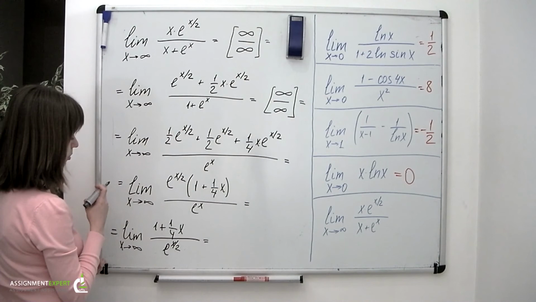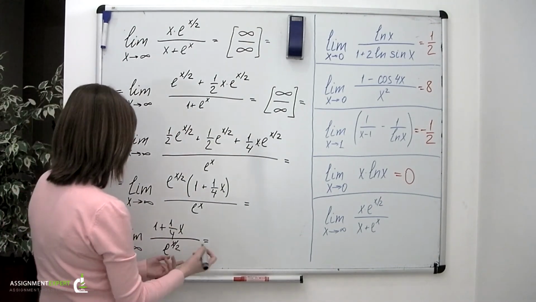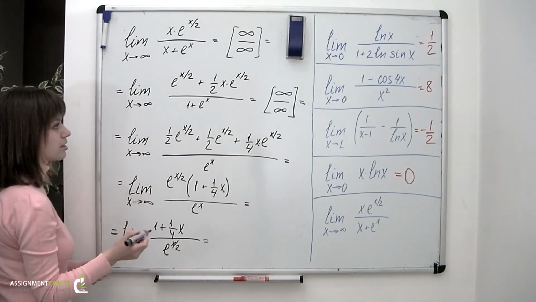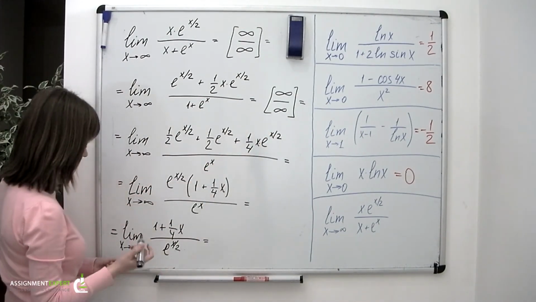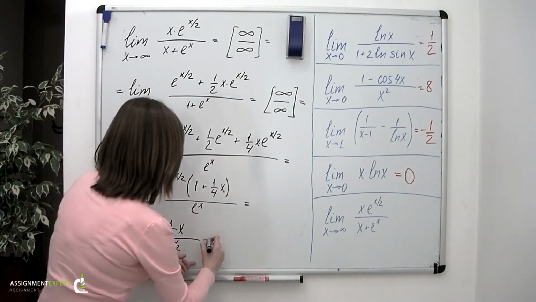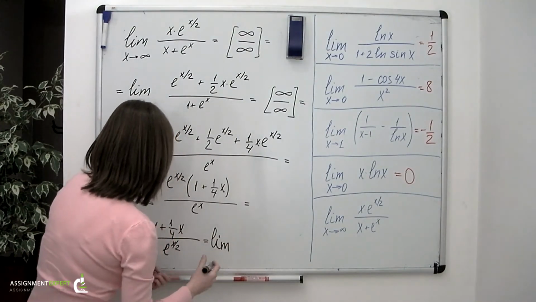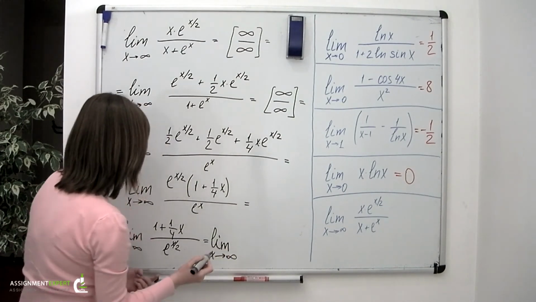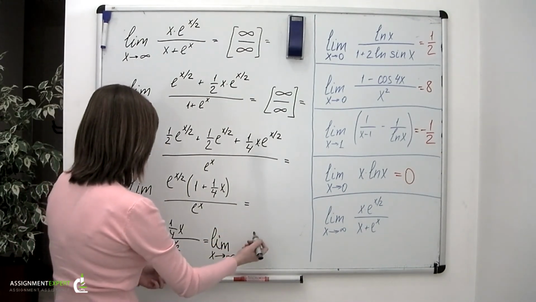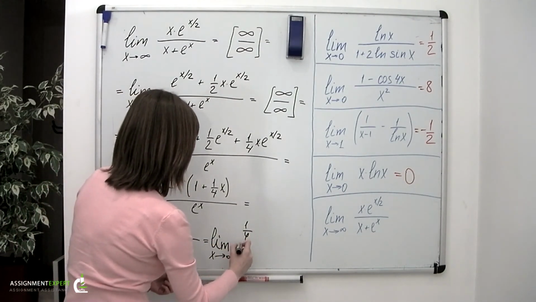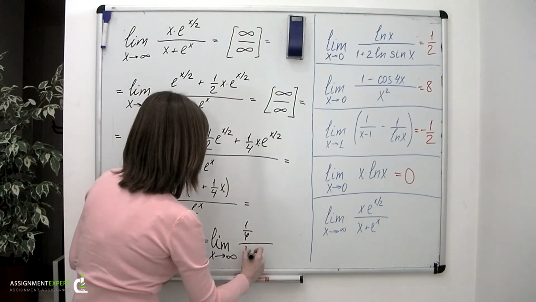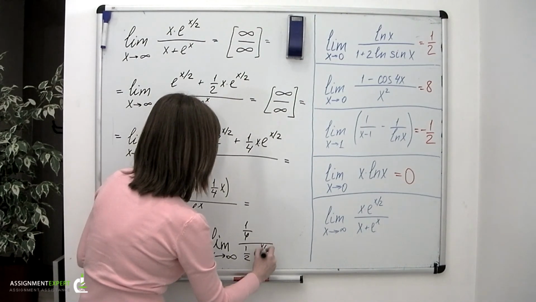And we can use L'Hopital's rule one more time, because again we have this indeterminate quotient. So if we use this rule one more time, we'll have the limit as x approaches infinity of 1/4 over 1/2 times e to the x over 2.